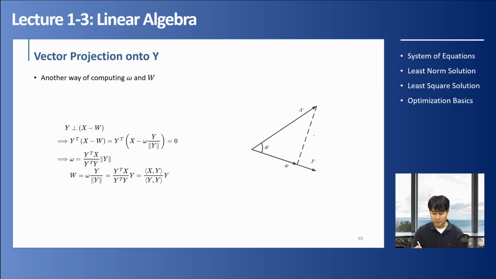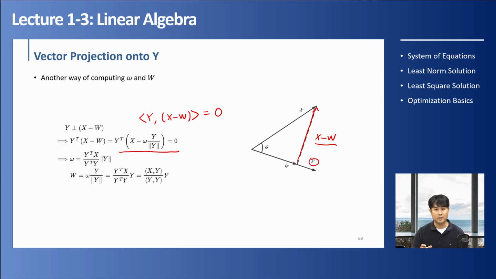So using this property, we can define this vector as x minus w and compute the inner product between this vector and this vector. So if we write this out, because we're taking the inner product between y and x minus w, and we're trying to show that this is equal to 0, we first compute the inner product between the two vectors and set it equal to 0.